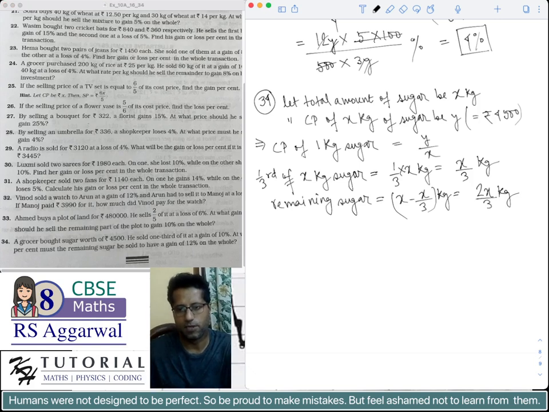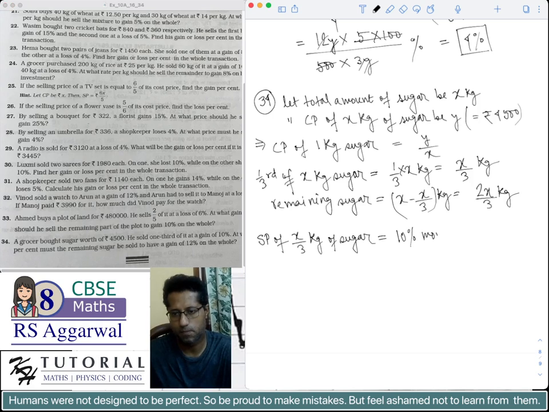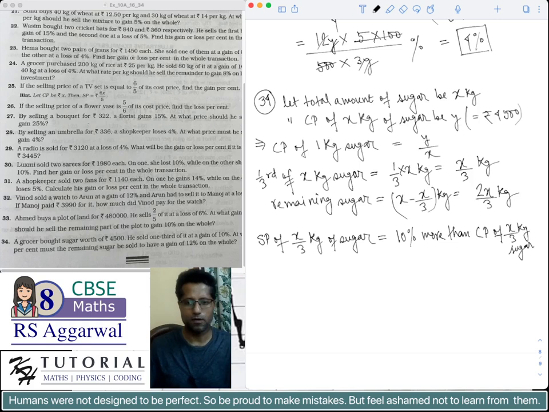So we can say that the SP, the selling price of X by 3 kg of sugar, is equal to 10% more than the cost price of X by 3 kg of sugar.